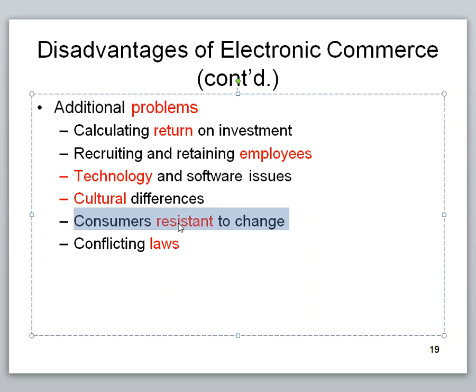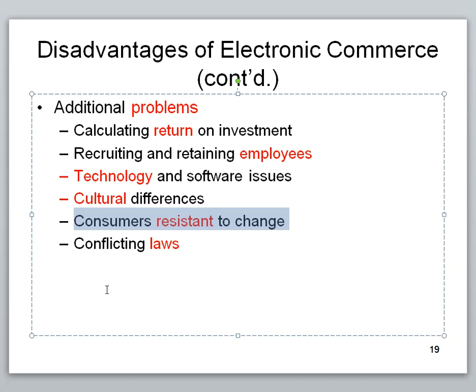There is a big difference socially and psychologically between learning classically in classrooms and learning online, right? We enjoy having classes. So you may find resistance to such systems because of these human issues. Also, if you are doing e-commerce business across different countries for multinationals, you will find you are dealing with different laws.